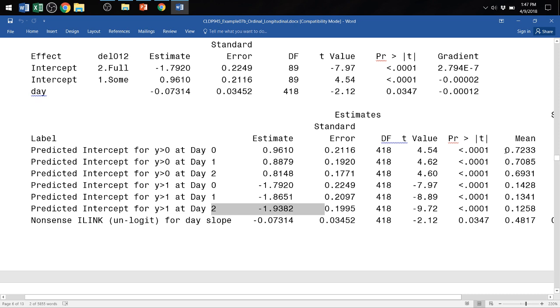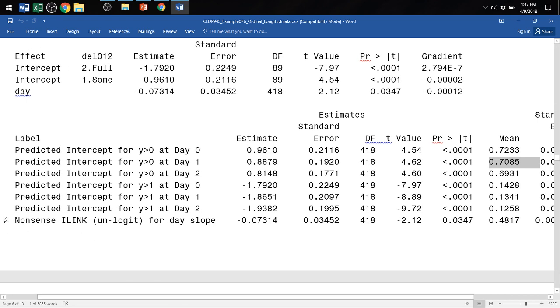So if you look at the difference between these probabilities, they're not constant. This equal difference of 0.07 in logits translates into unequal differences in terms of probabilities. So that is the point that I'm trying to make with this last line right here.